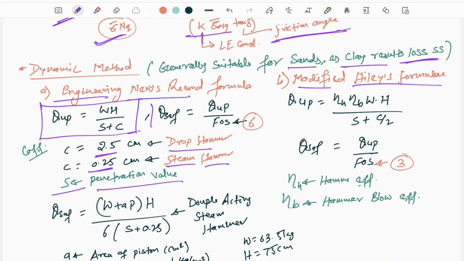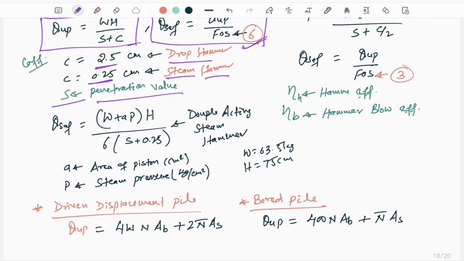If you want to calculate the safe ultimate bearing capacity, then it is QUP upon the factor of safety, and in this case you take the factor of safety as 6. So the formula becomes WH divided by 6 into (S plus C). Here 6 is for a drop hammer.